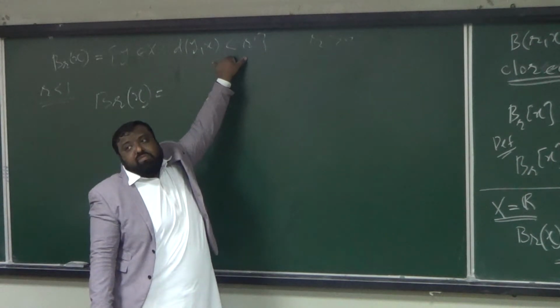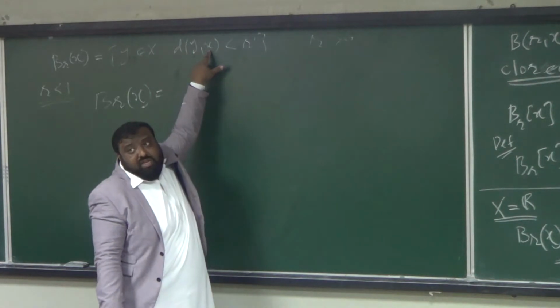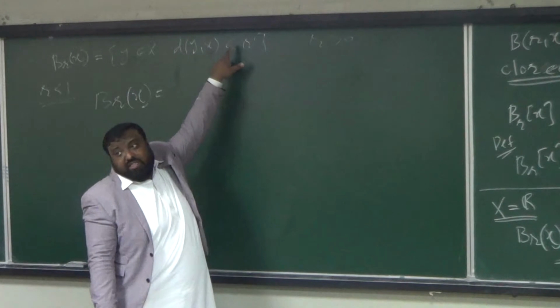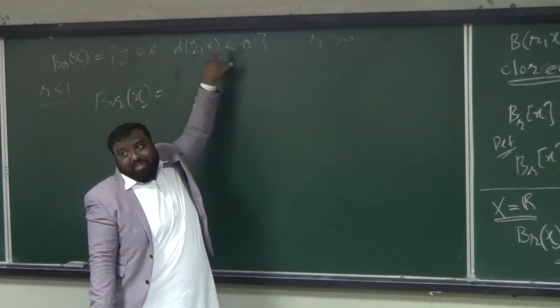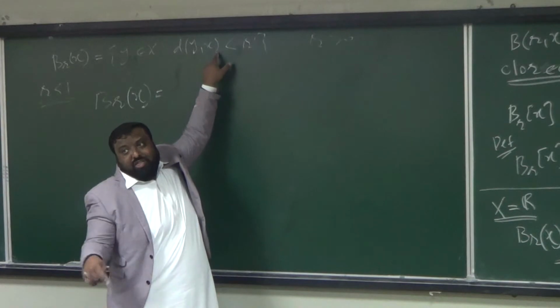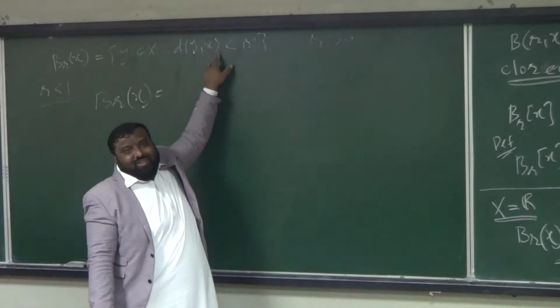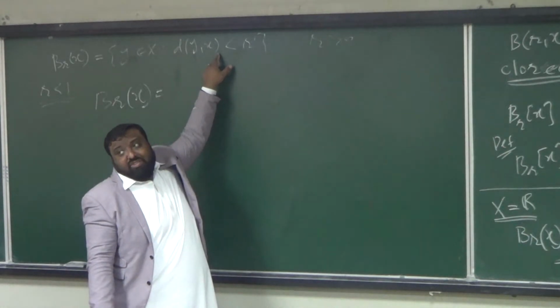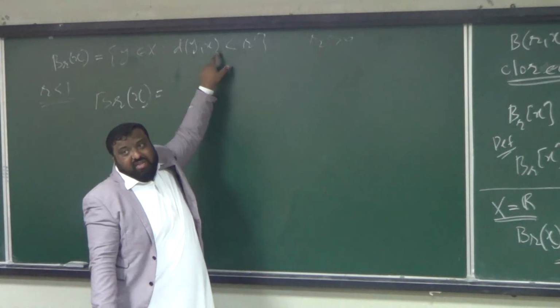So if I put something different from y, something different from x, this number would be what? 1. So 1 is less than r, and r is smaller than 1. Can it be true that 1 is smaller than something which is smaller than 1? So the conclusion is that you can't have anything different than x.